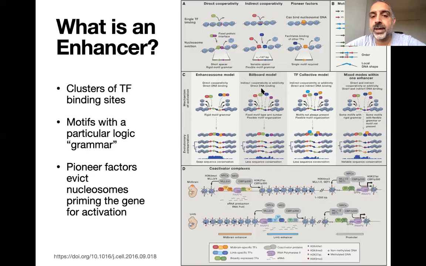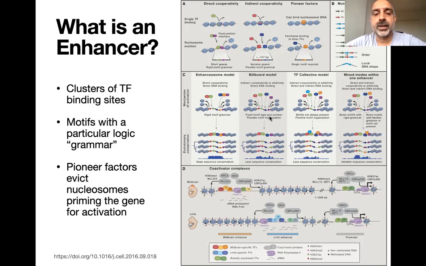And so here, the cooperativity is indirect. It could be additive as well, and all of these individual transcription factors will bind to the sequences within the enhancer independently of each other.